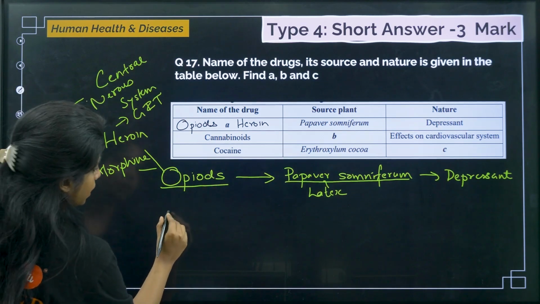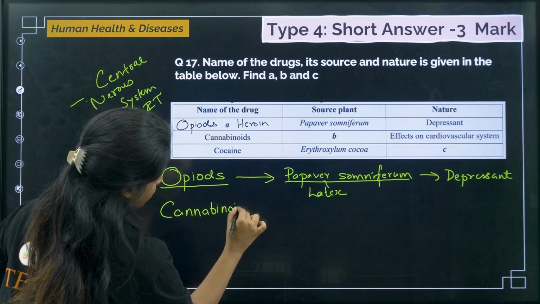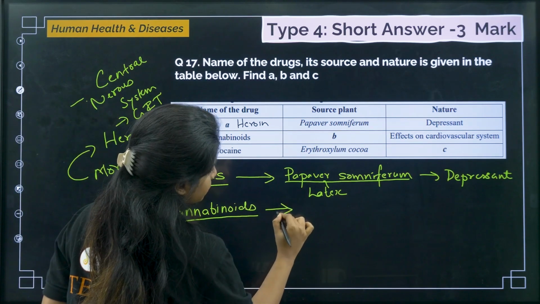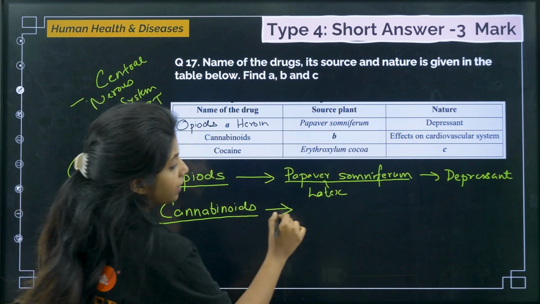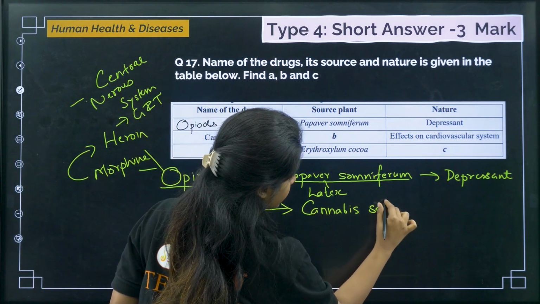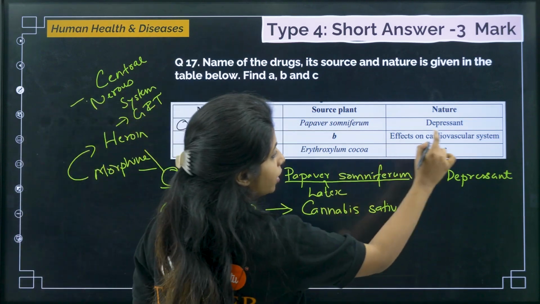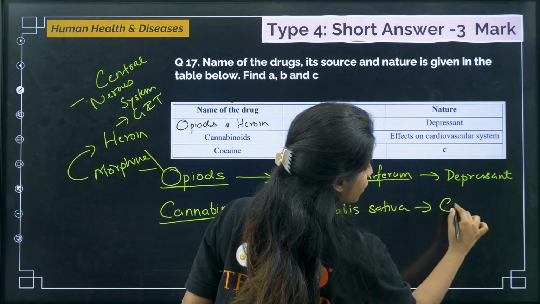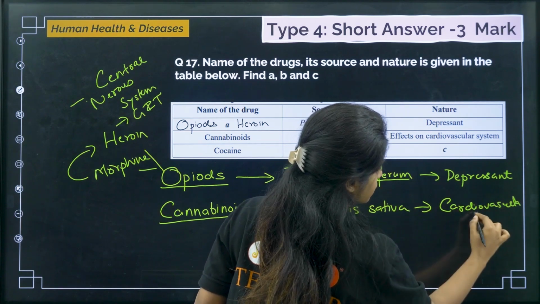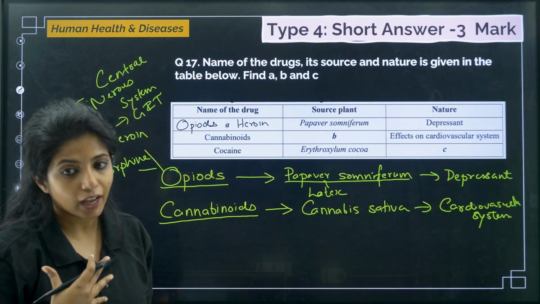Now the next group of drugs is cannabinoids. So cannabinoids, basically, the source plant is Cannabis sativa. Now over here, what does it do? It has an effect on the cardiovascular system, and it's not written in your NCERT, but it also causes hallucination.